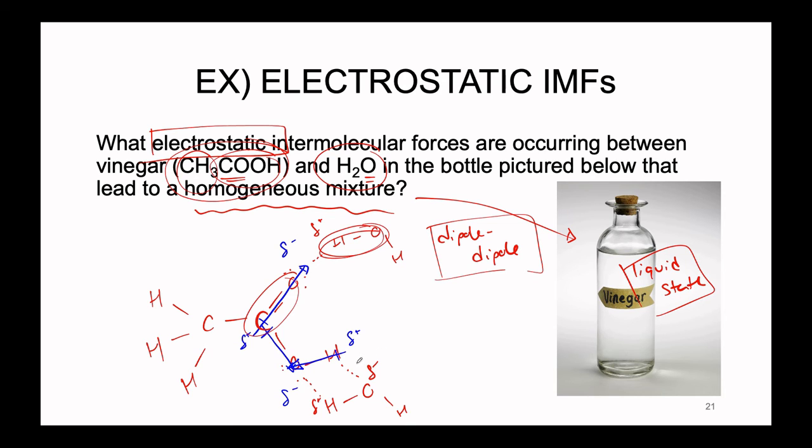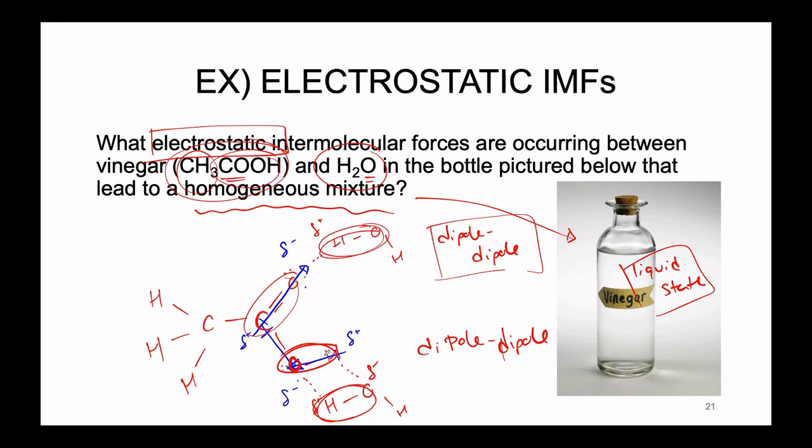All right, so the interactions that form between this oxygen and hydrogen and this oxygen and hydrogen are going to be classified as a dipole-dipole intermolecular force. And now we can also ask ourselves that special question, does this count as the hydrogen bonding case?